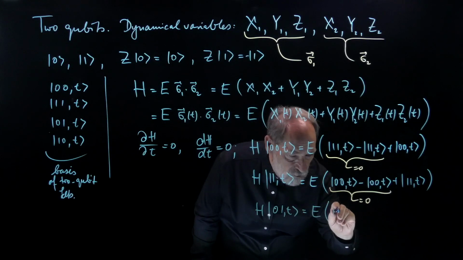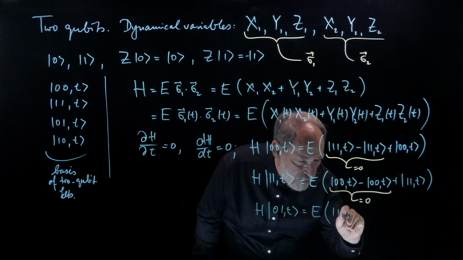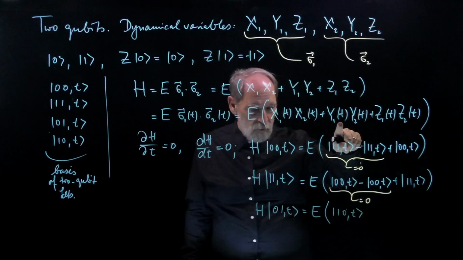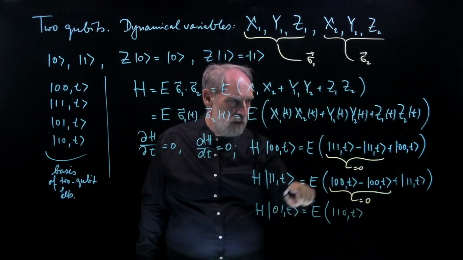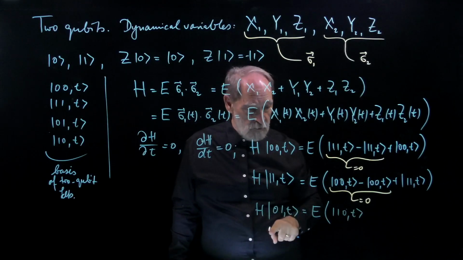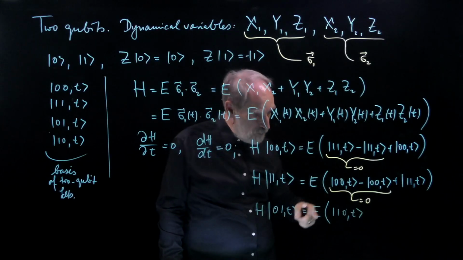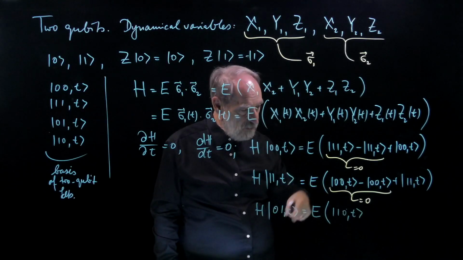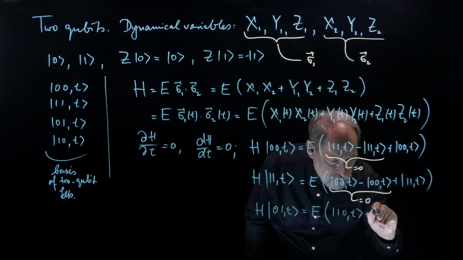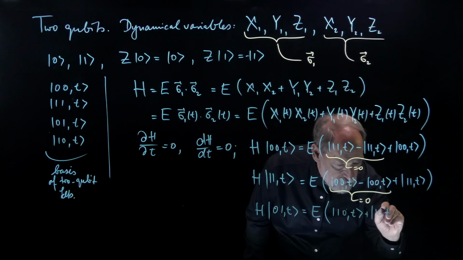So we get |1,0⟩ at time t. The y1 converts the 0 into 1. The y2 converts the 1 into 0. One of those comes with a factor i. The other one comes with a factor of negative i. So, but i times negative i is plus 1. So we get plus the |1,0⟩ at time t.